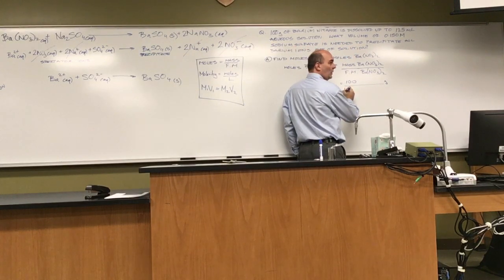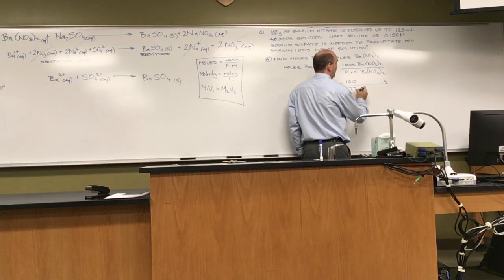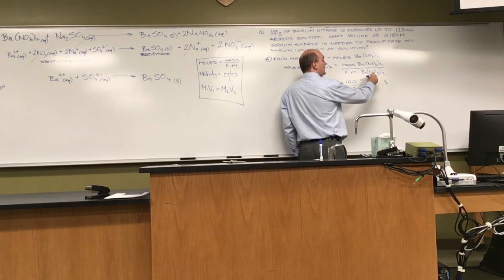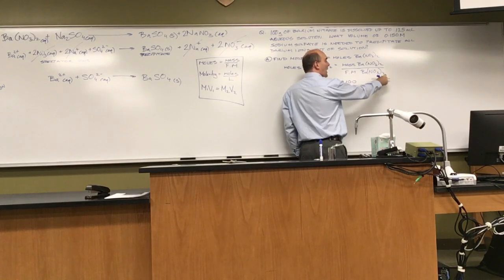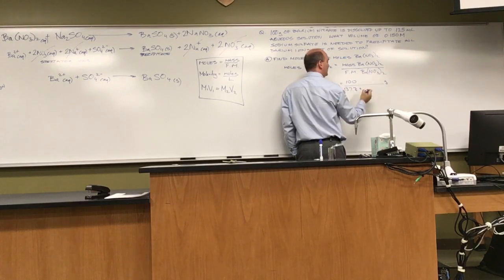So that's going to be 137.3 plus. I'm going to have a nitrogen and 3 oxygens all twice. So that is 2 nitrogens and 6 oxygens. 2 times that 1 nitrogen and 2 times those 3 oxygens.